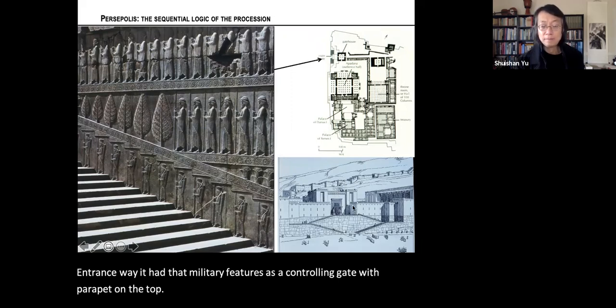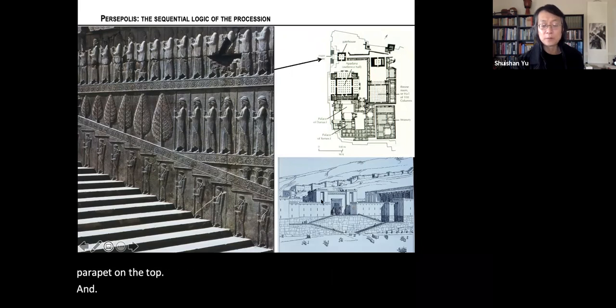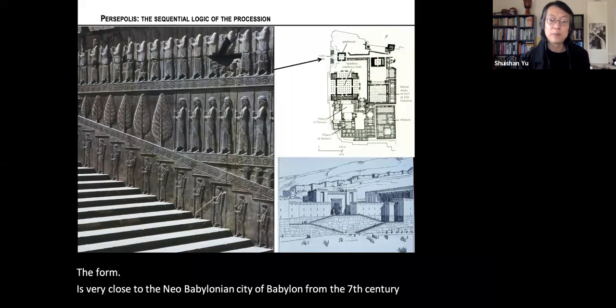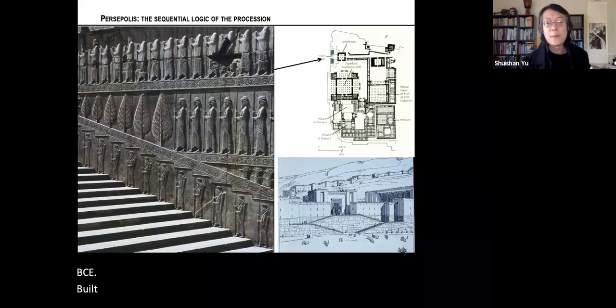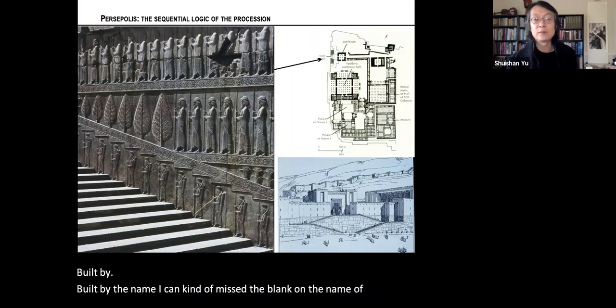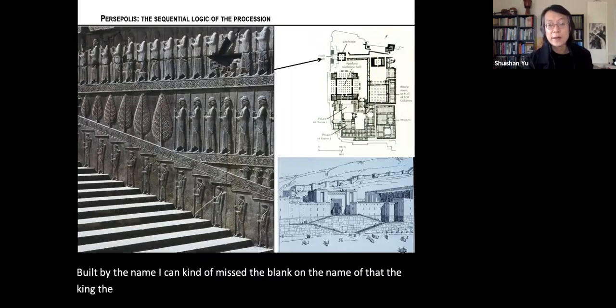And the form is very close to the Neo-Babylonian city of Babylon from the 7th century BCE, built by, what's the name, I kind of miss the name of that Neo-Babylonian king.